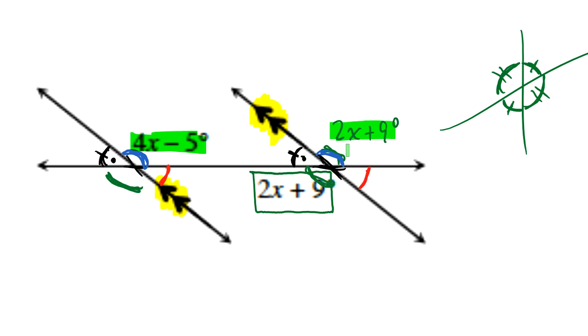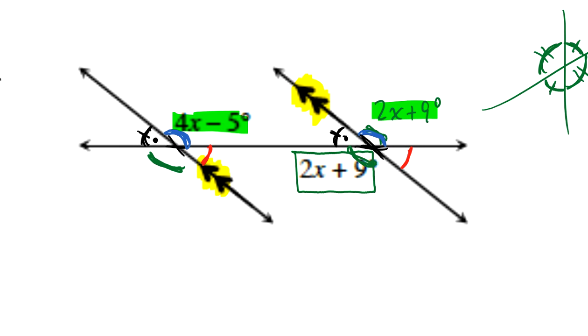They're in corresponding locations. So those two angles must be equal in measure, and if they're equal in measure, they have to be equal to each other. So I can set 4x minus 5 equal to 2x plus 9 and solve for x.